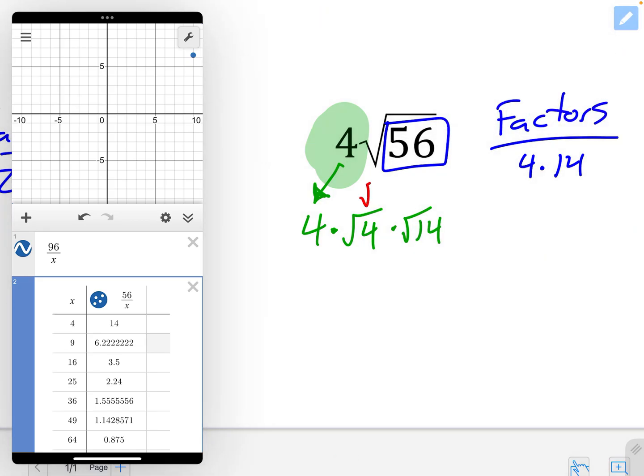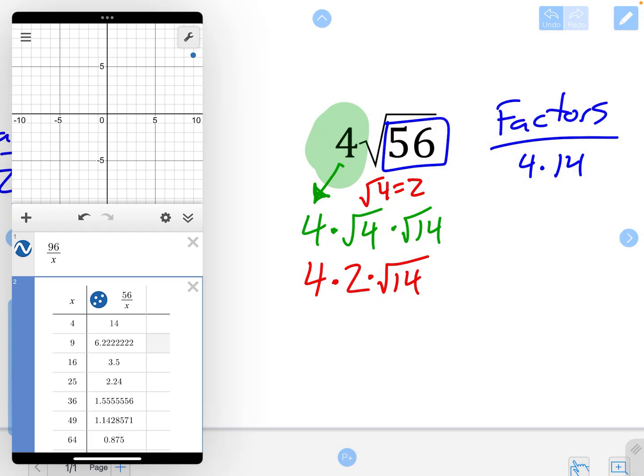I know that the square root of 4 equals 2, not 4. Sorry, guys, it's been a long day. So I'm going to bring my 4 down, write my multiplication dot, and instead of writing the square root of 4, I'm going to write 2. There is an invisible multiplication dot between the 2 and the square root of 14. You can draw it if you need it, but you do not have to.